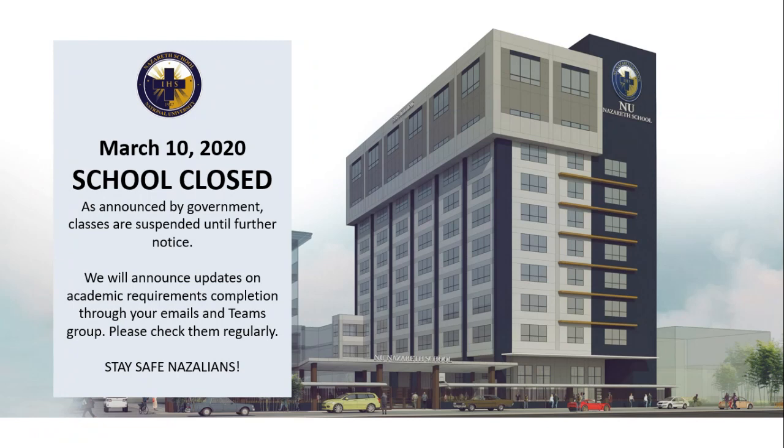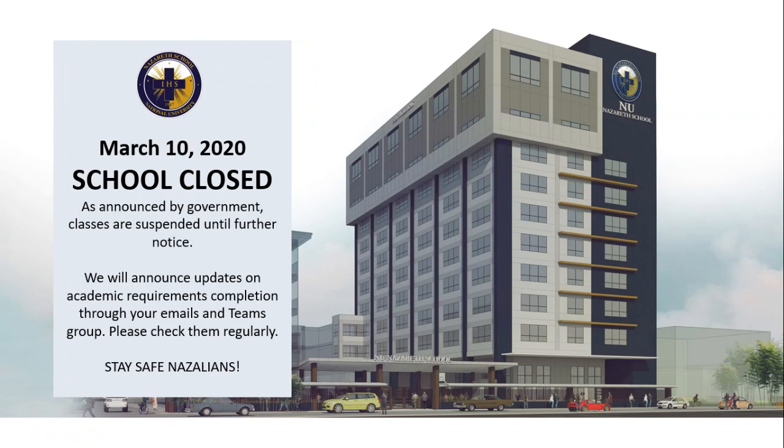The national government announced that classes will be suspended indefinitely beginning March 10. And with that uncertainty, we were caught off guard. Our teachers didn't know what to do. At the time it was announced, we were still in the middle of our school year.